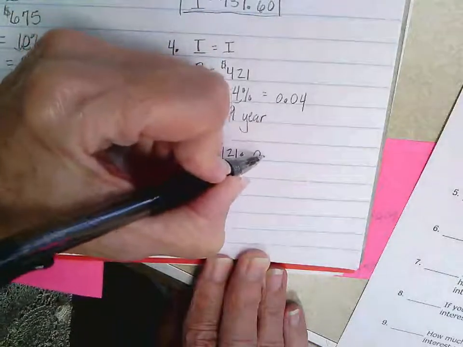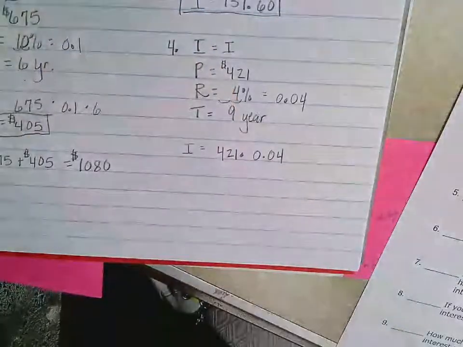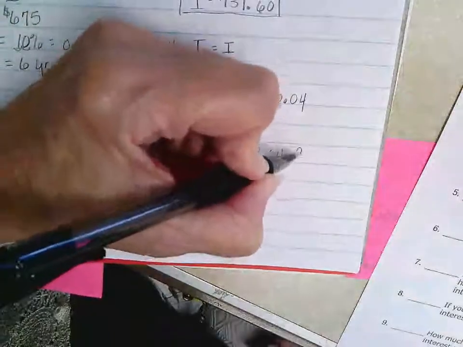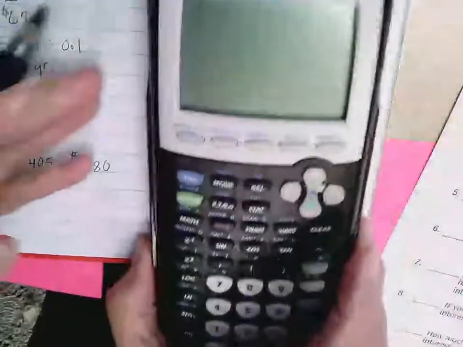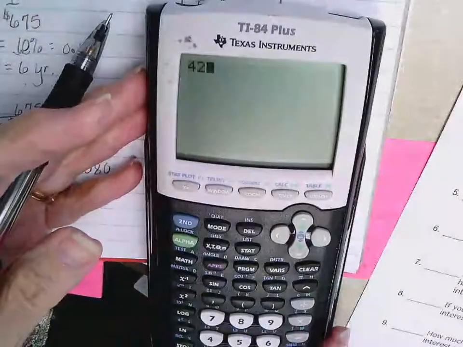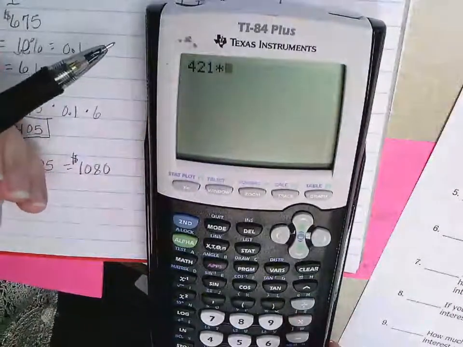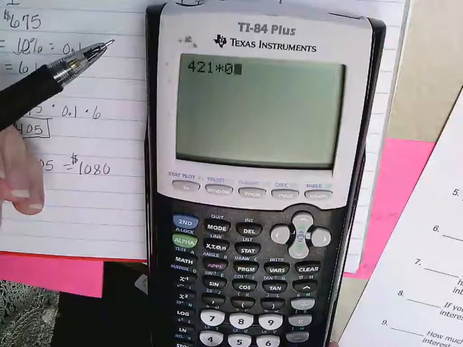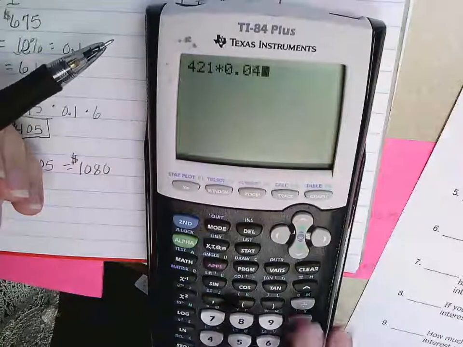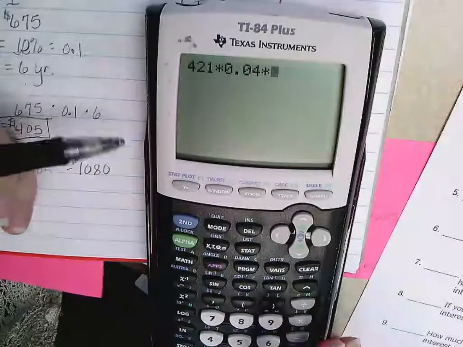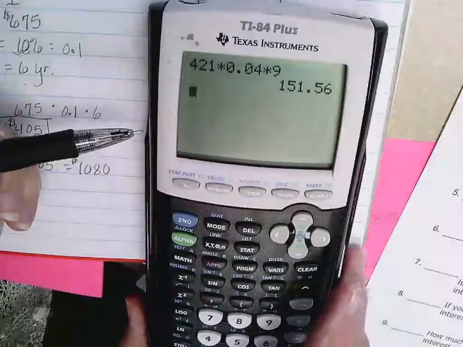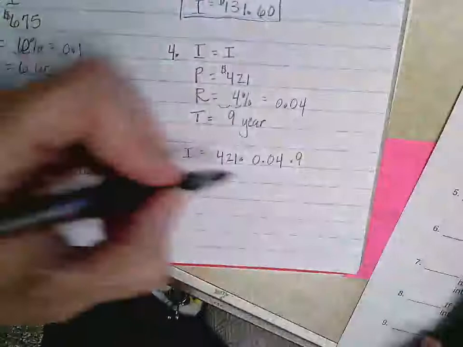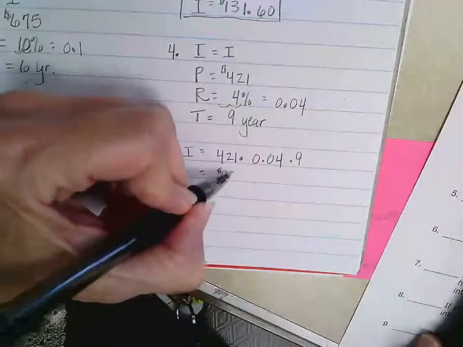Put in my 4% decimal equivalent times 9. Use my calculator. $151.56.